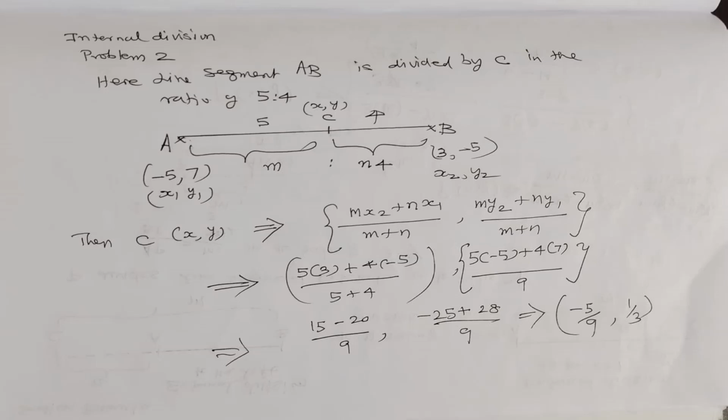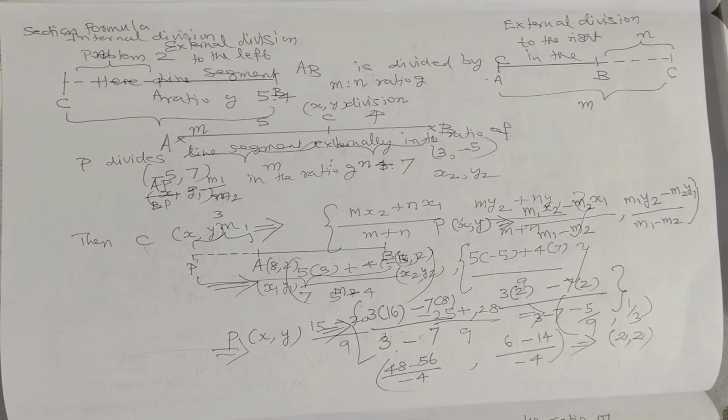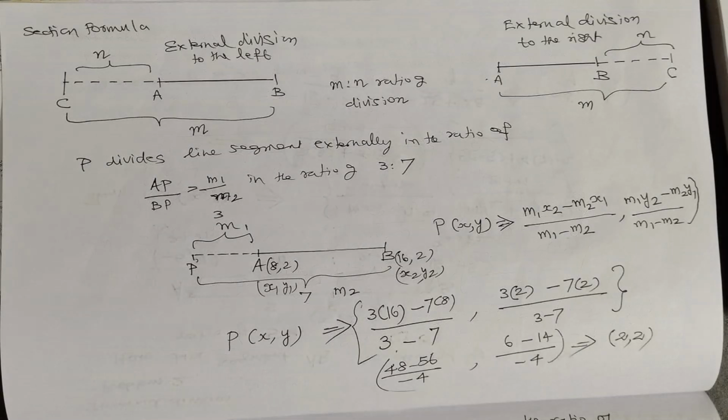The next problem is about the external division to the left. So here C divides line AB externally. So AC is m and BC is n. So it is dividing it in the ratio of m1 is to m2 in the ratio of 7 is to 3.